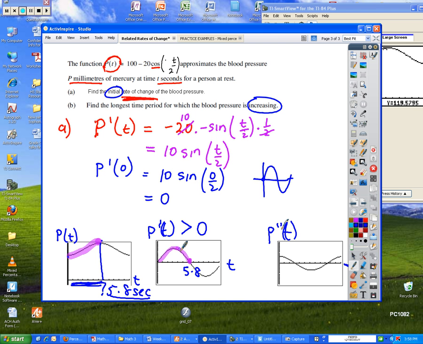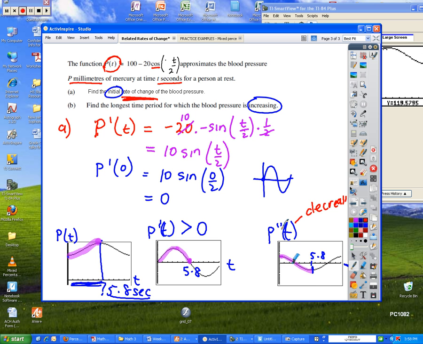What's happening to P'(t)? It's decreasing. So we want to see where it is decreasing. If we start here, it's positive, but it's decreasing all the way down to here. So at this point, once again, 5.8. So if we were using the second derivative, we could find where P'(t) is decreasing.